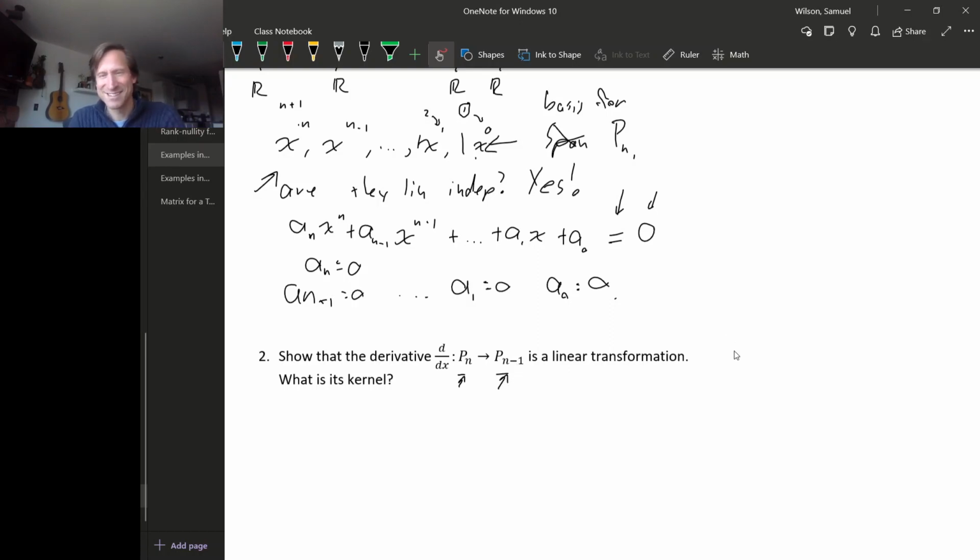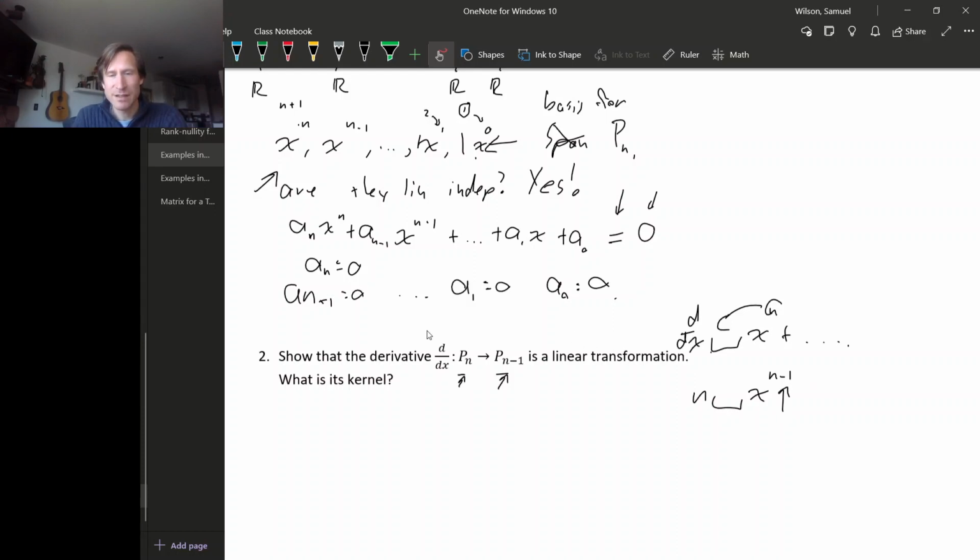Yes, that's clearly true. If you have some coefficient times x to the n plus lower degree stuff, when you take the derivative, the power rule makes this n times whatever that coefficient was times x to the n minus 1. You see the degree has gone down by 1.